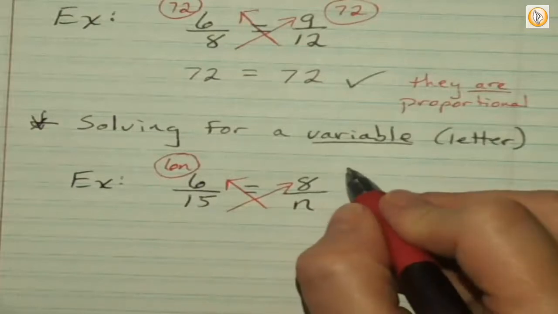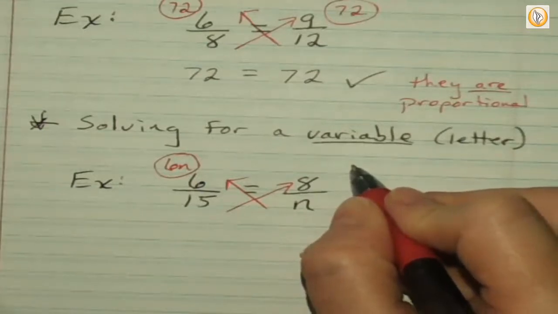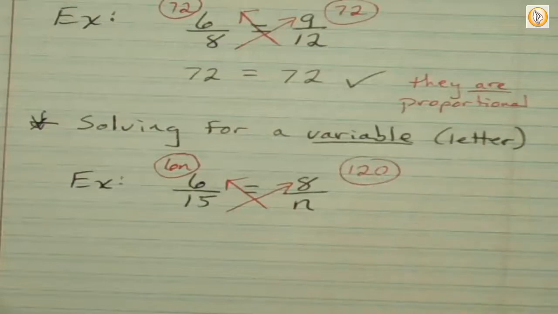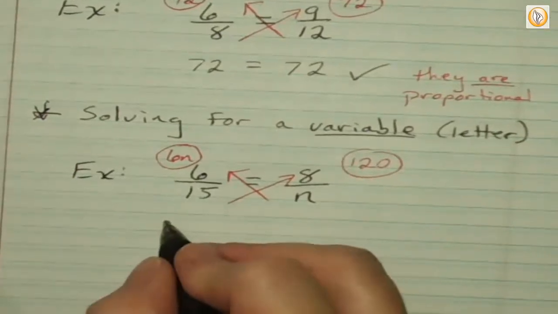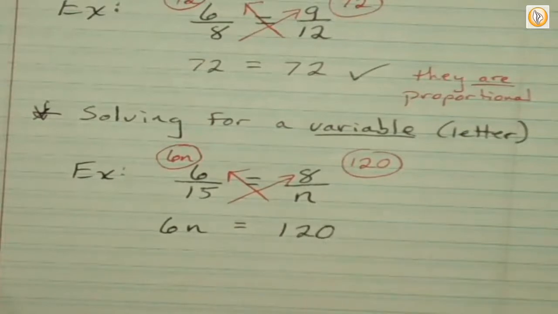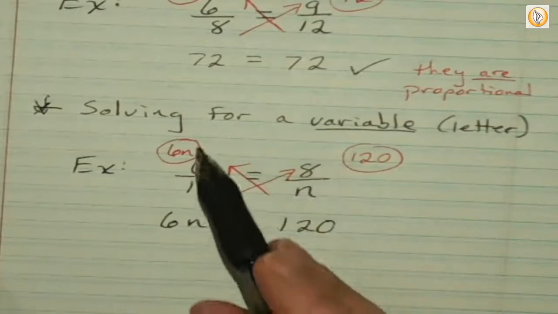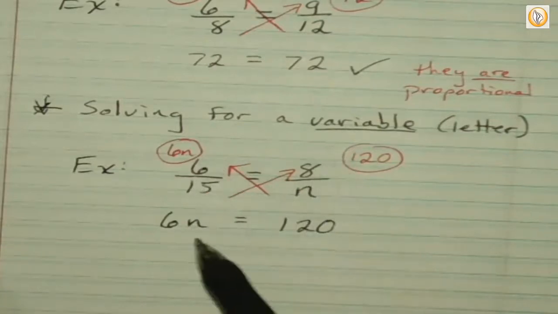15 times 8 is? Anyone? 120. So then I write it exactly how it's written. 6n equals 120. Do y'all see that? I'm not moving that 6n over here or the 120 over here. I'm keeping it lined up. 6n equals 120.